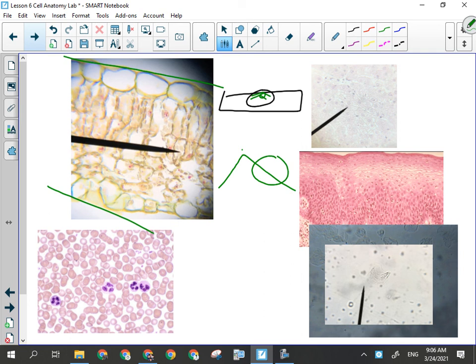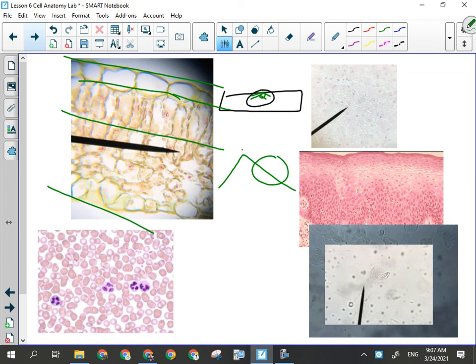And we want to look specifically at the cells near the top. That would be in this layer here. That's where our best chance of finding a really good plant cell is going to be. This is what we call the Palisade layer. Palisade is like a rock formation with columns of rock, and that's what these are.